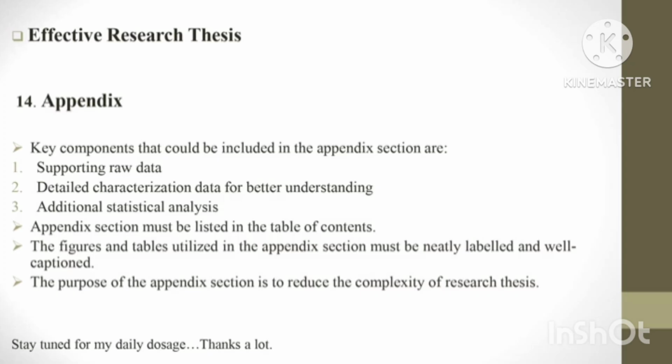So I have added it in the appendix section as table A1. Okay, table A1. What is this? Calibration data for methylene blue. Now the figure, that is the calibration curve. So figure A1, calibration curve for methylene blue. In the same manner, I have added the other calibration data in tabular form, that is table A2, calibration data for rhodamine 6G, and figure A2, calibration curve for rhodamine 6G.